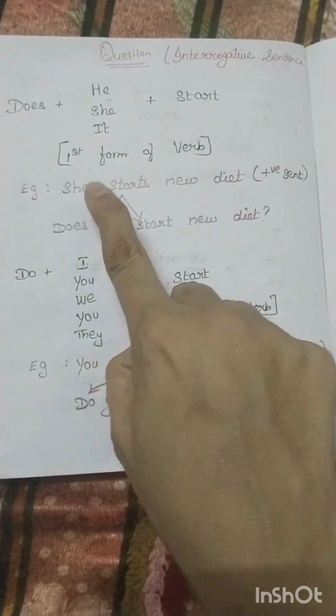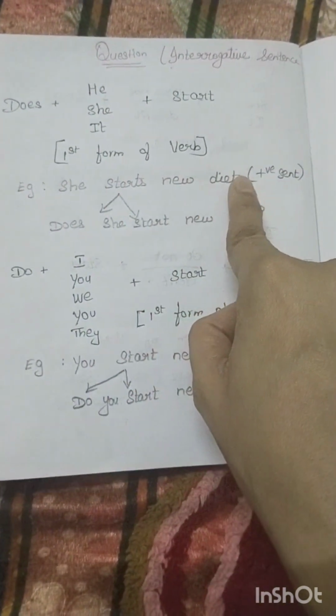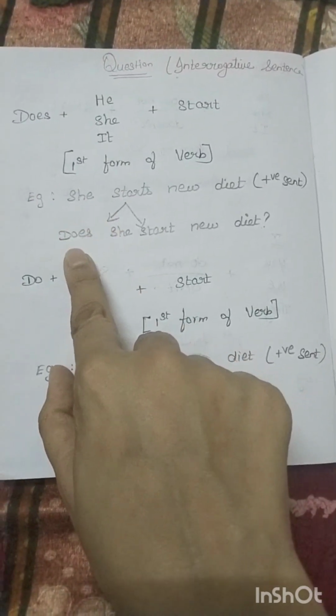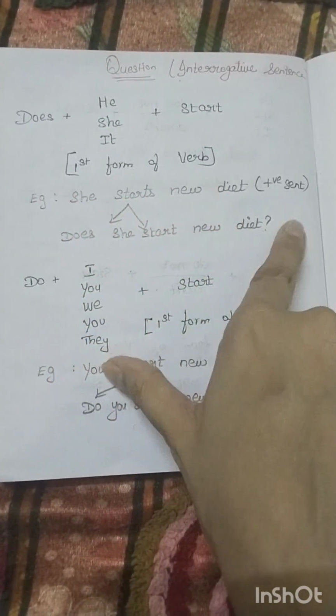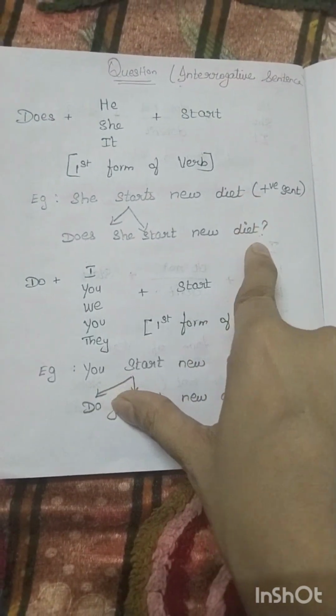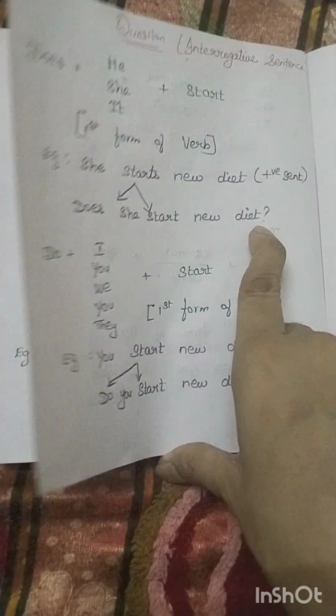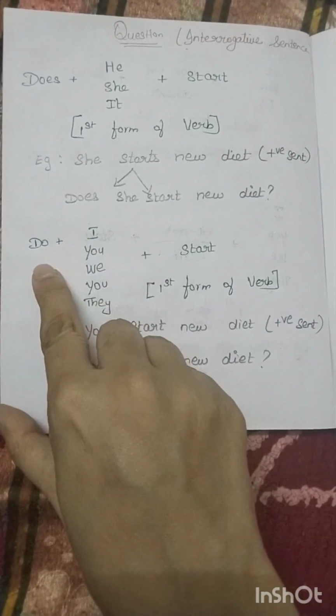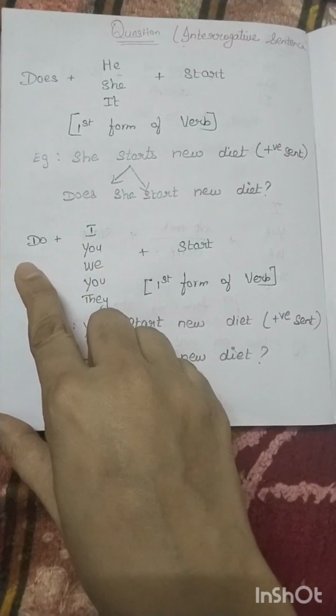Here we have just mentioned she starts new diet, and when it comes to framing a question, you will use does in the beginning. Does she starts new diet? And then at the end you have to write the question mark. Similarly, when you use I, you, we or they, before that you have to use do.